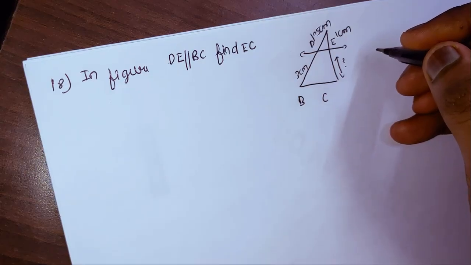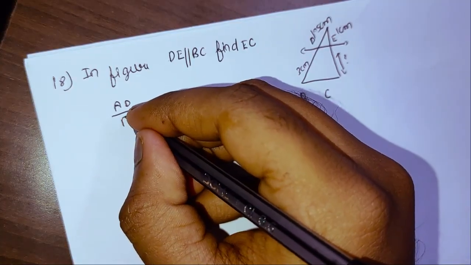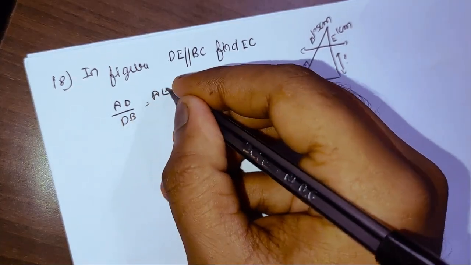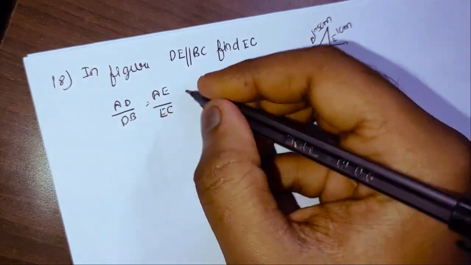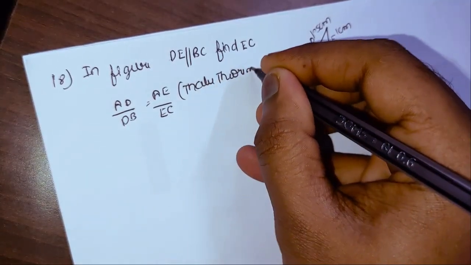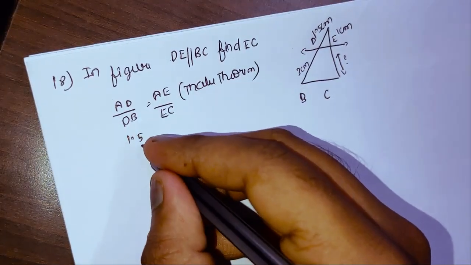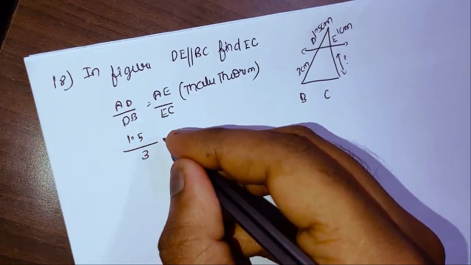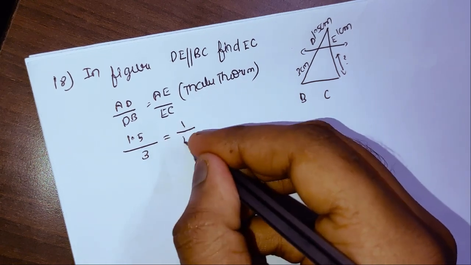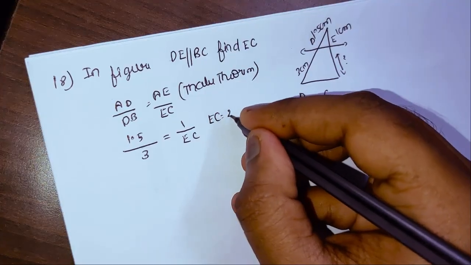We know by Thales theorem, AD by DB is equal to AE by EC. We substitute the values. AD is given as 1.5, DB is given as 3, AE is 1. To find EC, EC is nothing but 2 cm.